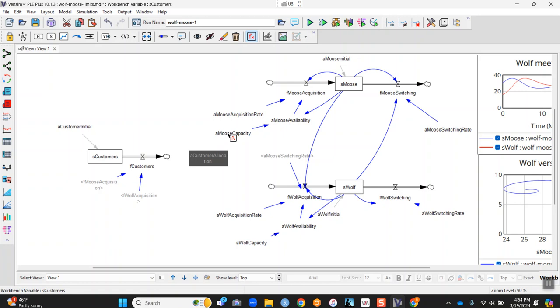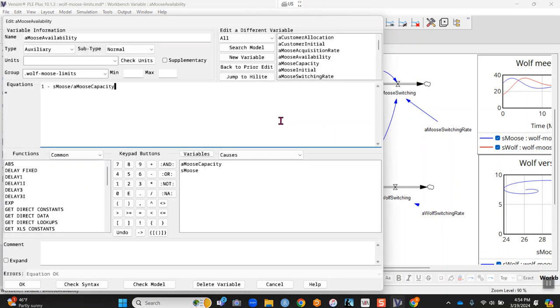That's where we want to go. Look at moose availability. It's 1 minus S moose over A moose capacity. Stock of moose customers divided by moose capacity. That's the kind of idea we want here as we go ahead with this.